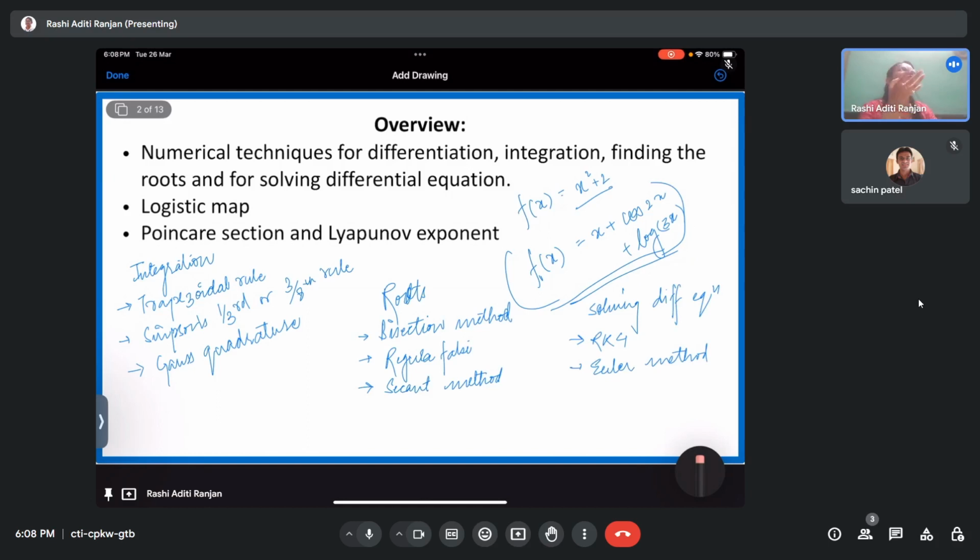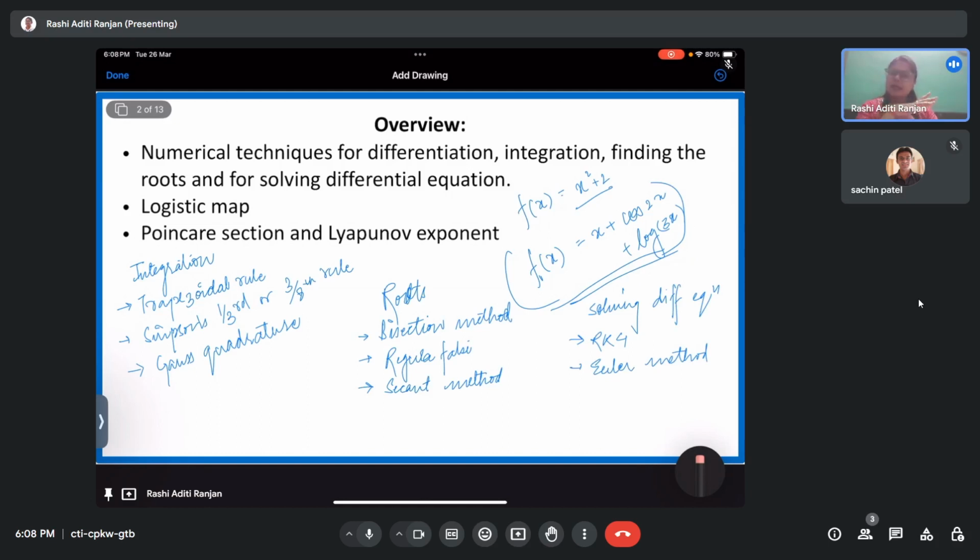It all depends upon the type of equation that we are dealing with. There are various reasons by which a numerical method can fail, and error is one of the biggest problems with numerical techniques, be it differentiation, integration, or finding roots. I'll also show you how error can come while solving an equation by a numerical technique.